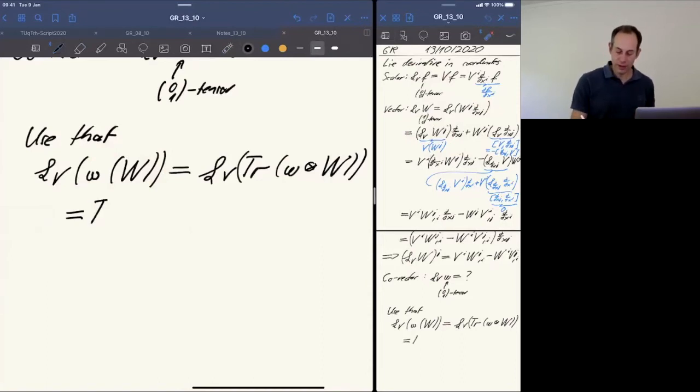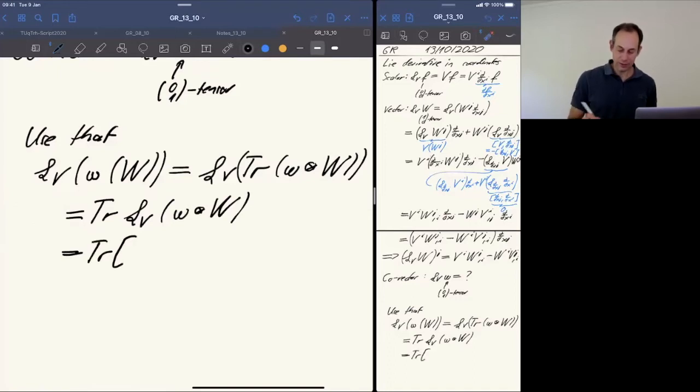Now we have already seen properties of the Lie derivative, and one of the properties was that the trace commutes with the Lie derivative. So I can just take it out of the Lie derivative, and what I'm left with is this expression here. Now another property of the Lie derivative is this product rule that we already applied. And in this particular case, the product rule will lead to the following.